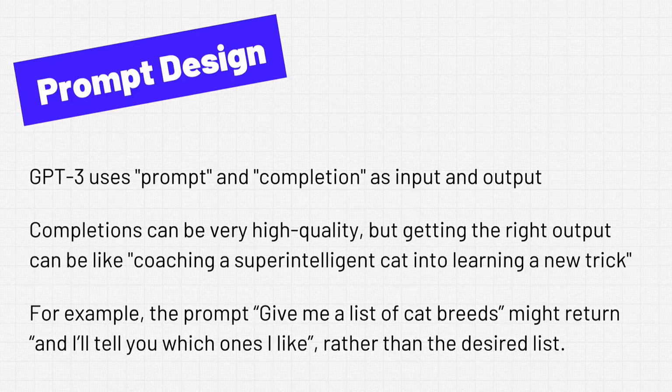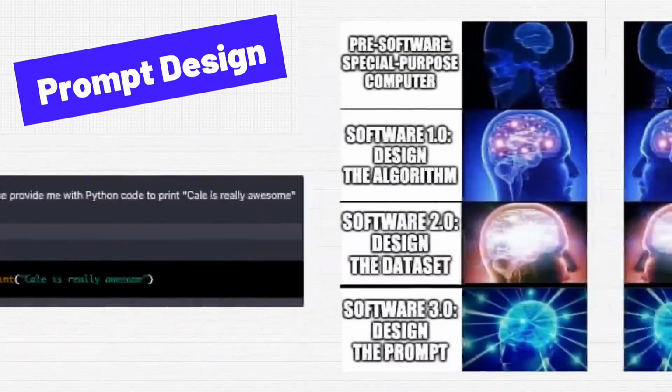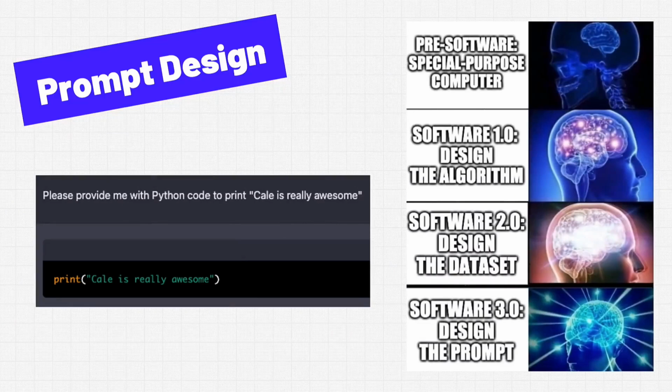Basically, GPT-3's purpose in life is to continue on the text that you give it in a natural way that matches up with its data set, which is basically the entire internet almost. So with prompt design, you can really get a lot done that in the past we would have had to use code or some other tool to do.